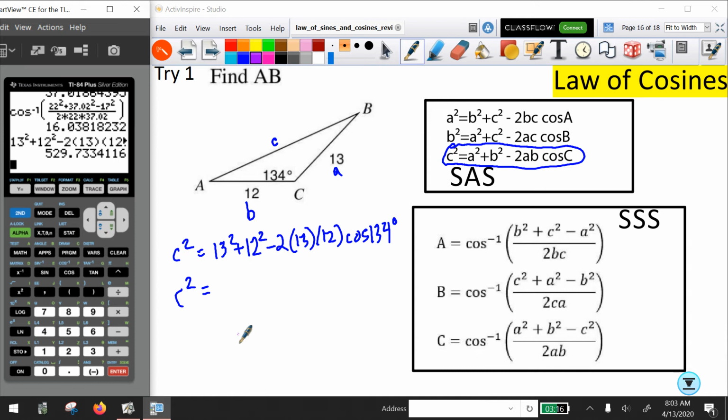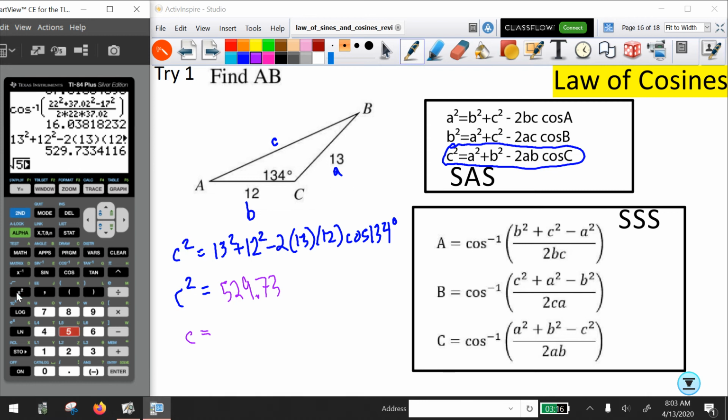And we get 529.73, and we're going to take the square root of that to determine the measurement of side C. So 23.02 units.